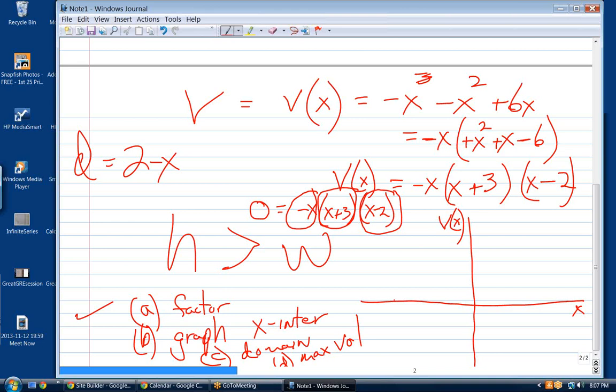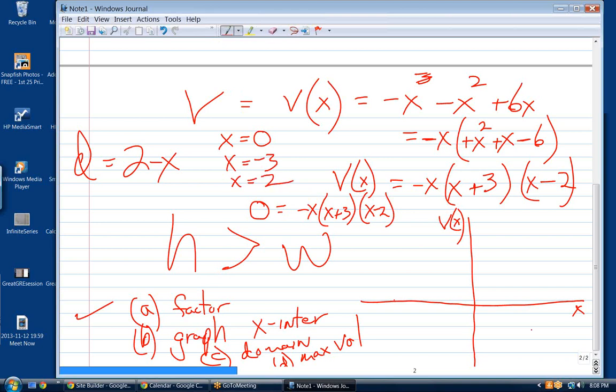So the way we solve this is by setting each factor to 0. My solutions are x equals 0 for this one, and your other 2 solutions were x equals minus 3 and x equals plus 2, correct?